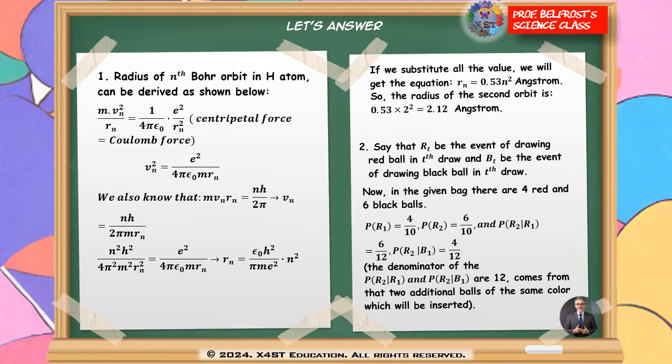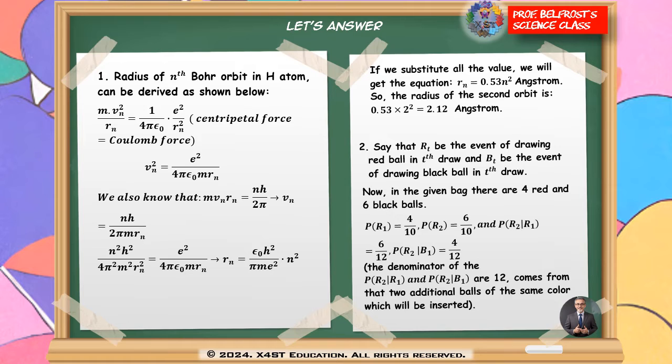And also in this question, you are given the Planck's constant that you need to use. So we have the Vn, and now you only need to rearrange the equation with some algebra, and you get the Rn that you want, which is epsilon 0 times h squared divided by pi m e squared times n squared, and that's all the equations that you need to use.